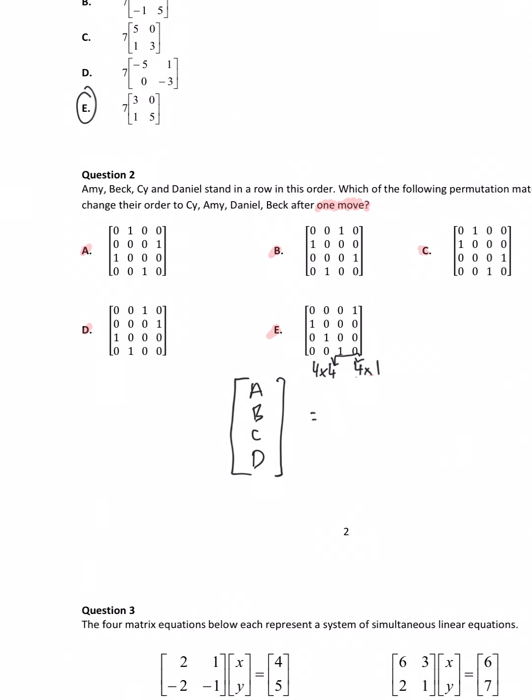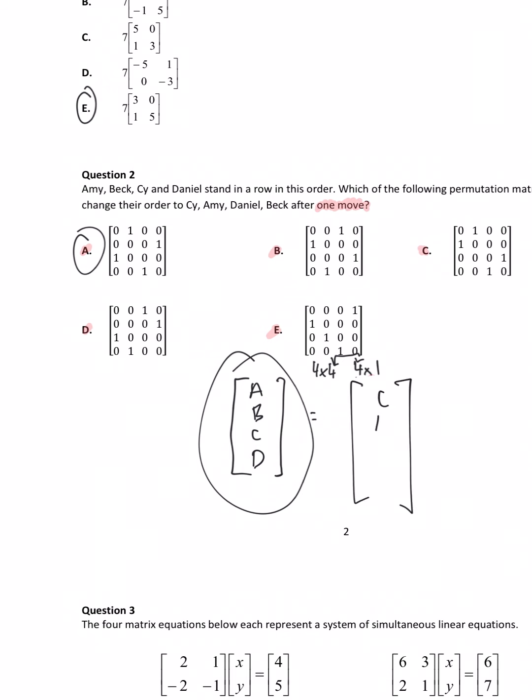Sorry, I'm all over the place. You'll get it into that order that I just rubbed out. If you're doing one at a time, it'll be A that gets it to the order you want: Kai, Amy, Daniel, and Beck. If you do the permutation matrix at the end, as in you multiply it after this column matrix, it won't work.